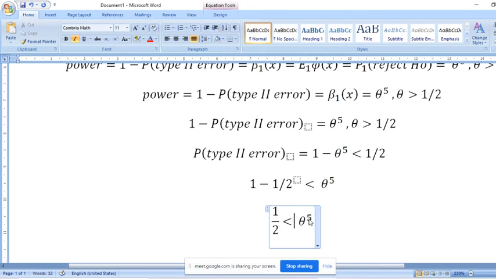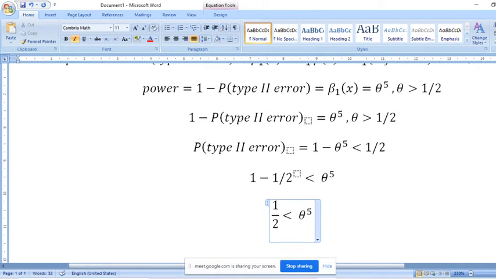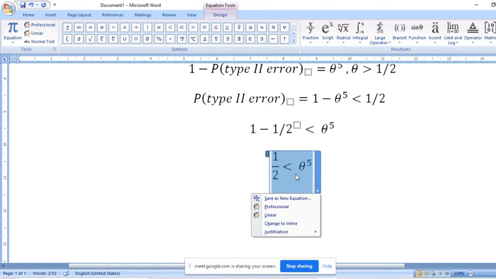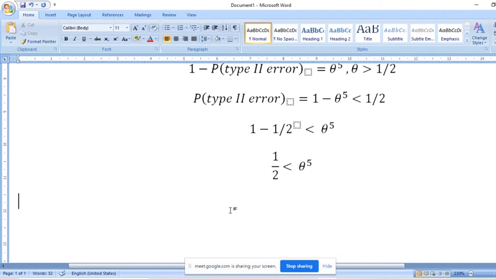So 1 by 2 is less than theta raised to 5. That means theta should be greater than 1 by 2 raised to 1 by 5.